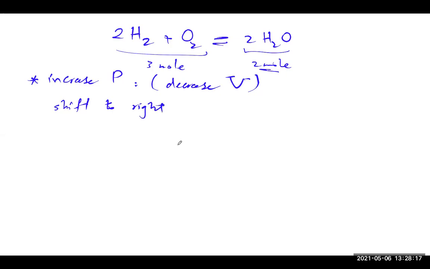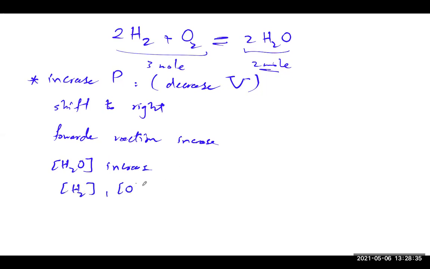And how does it shift to the right? It means that the rate of the forward reaction will increase. It means that we'll produce more H2O. So again, the concentration of H2O will increase and the concentration of H2 and O2 will decrease.